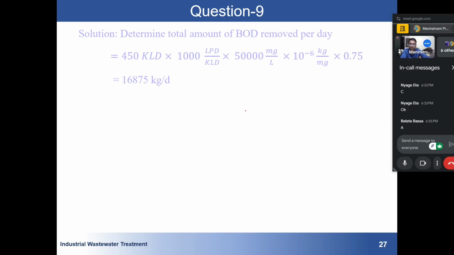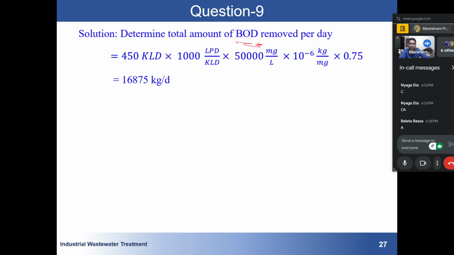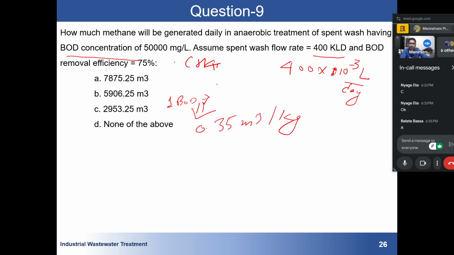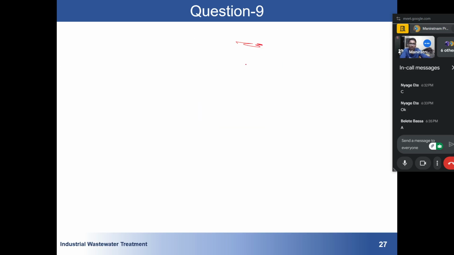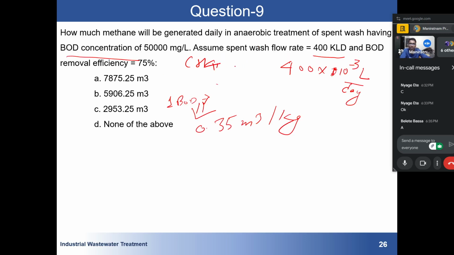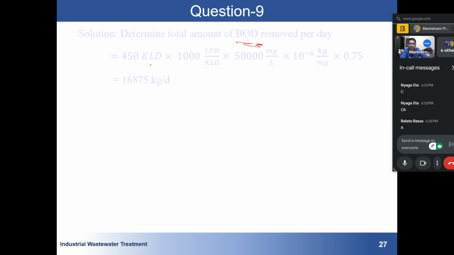This is sad. So see, first we have to determine the total BOD. We know the flow rate, and the removal efficiency is 75%.